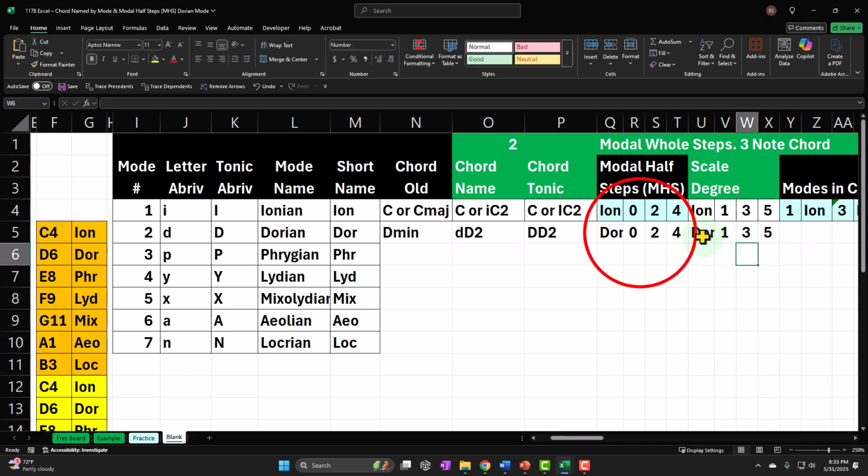So I would like to think of it as I start on the node that we're on, which is node number 2, and then I go up 2 modal half steps, which is a whole step, and then I go up another 2, or 4 from 0 modal half steps, which would get me to off by 1 for the scale degrees because they messed it up. So that's going to be a 1, 3, 5 is the chord.